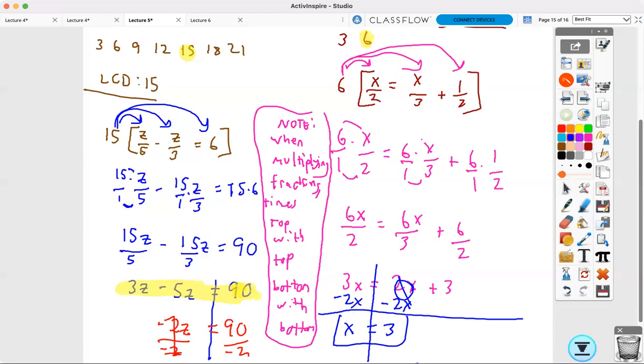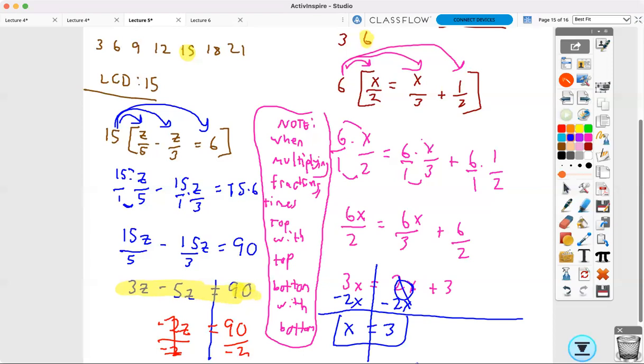What questions do we have here so far before you try the practice problems? What questions do we have? Does everyone see that the incentive of finding the LCD makes it a little bit easier, in my opinion?